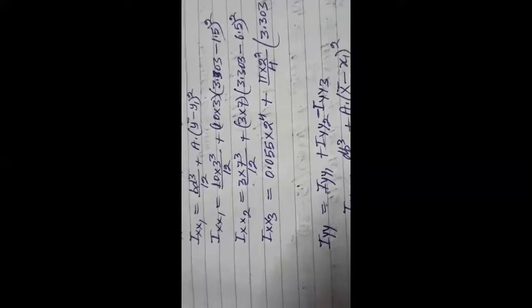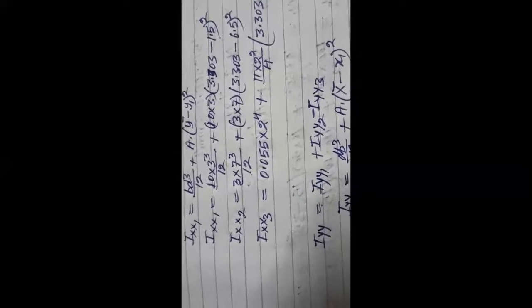Similarly, Iyy will be equal to Iyy1 plus Iyy2 minus Iyy3, because the 3 part is deducted. So this Iyy1 will be equal to DB cube upon 12 plus area into (x bar minus x1) whole square.